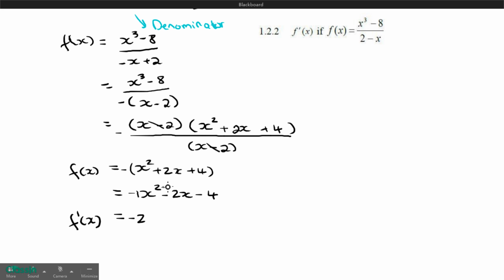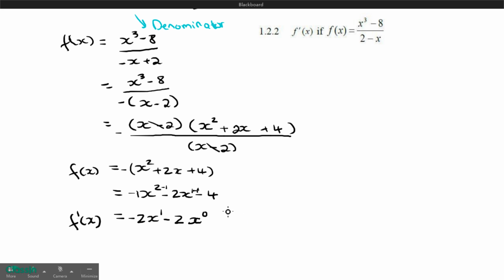Then 2 minus 1, the answer is, there is our x, the answer is 1. Then here we have 1, but 1 multiplied by negative 2, the answer is negative 2. Minus 1, then x to the power of 0.